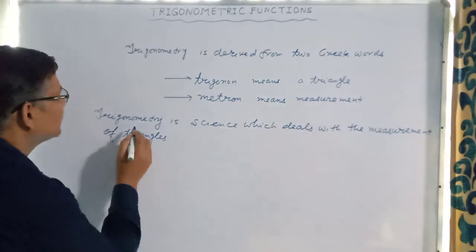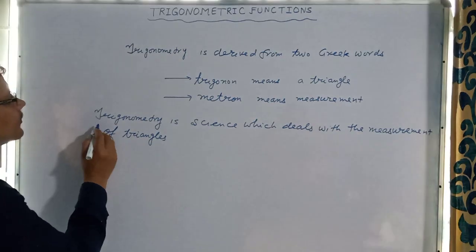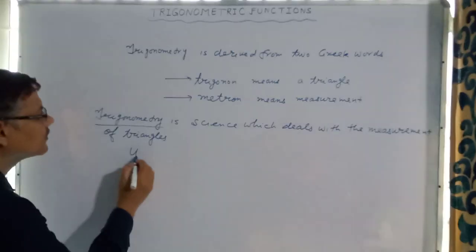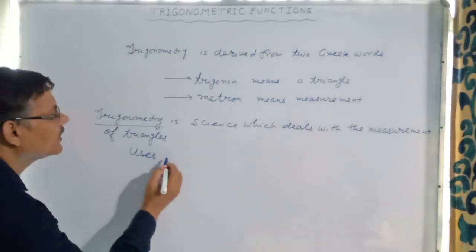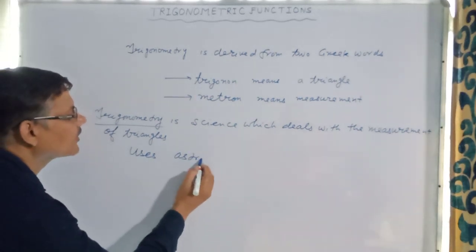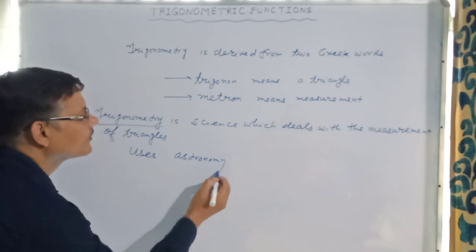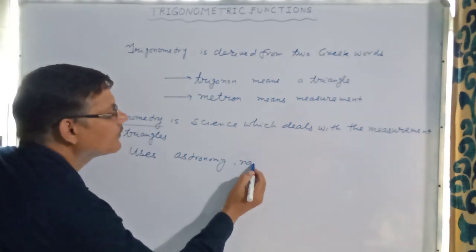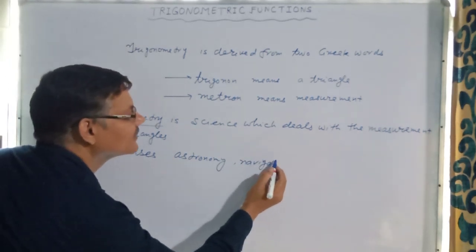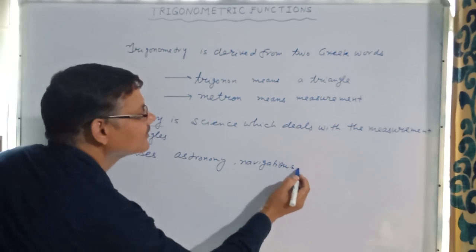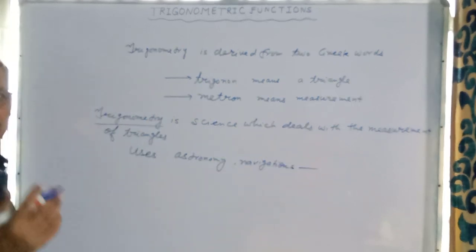Now, the early uses of trigonometry were only in astronomy, in the field of navigation, and in the field of engineering.